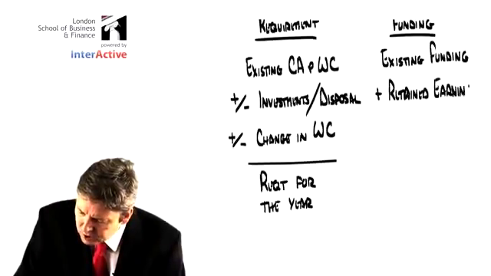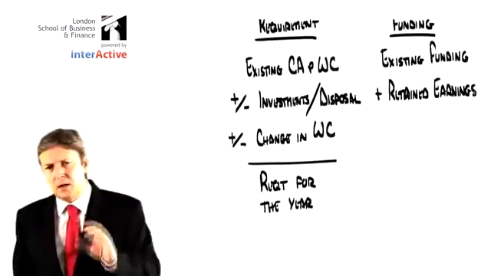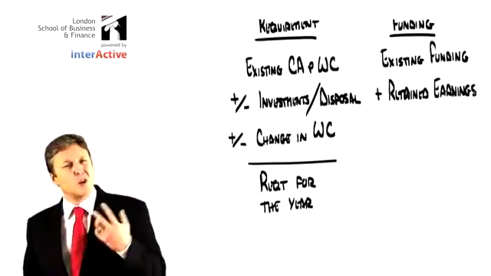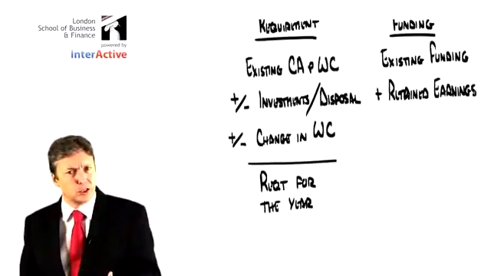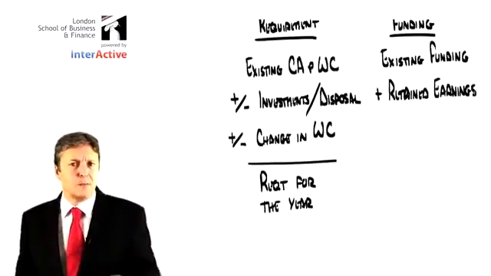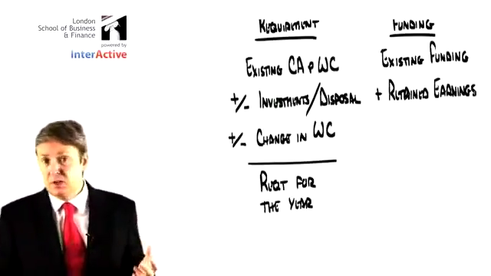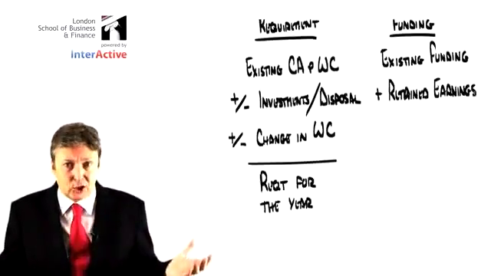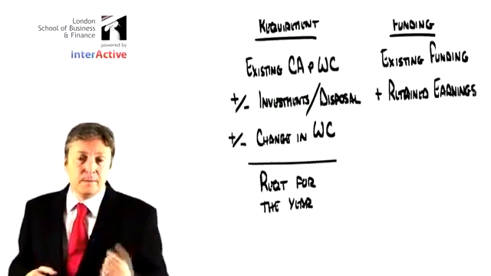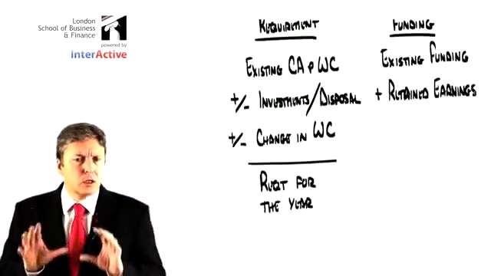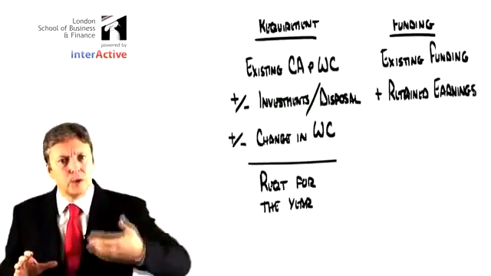Now, I use that term loosely here. We'll come back and discuss it in a moment. But what I'm really talking about is cash generated from operations. So in simple terms, we are saying that if we generate substantial cash from the fact that we sell for more than we pay for the goods, those funds will come free within the business.